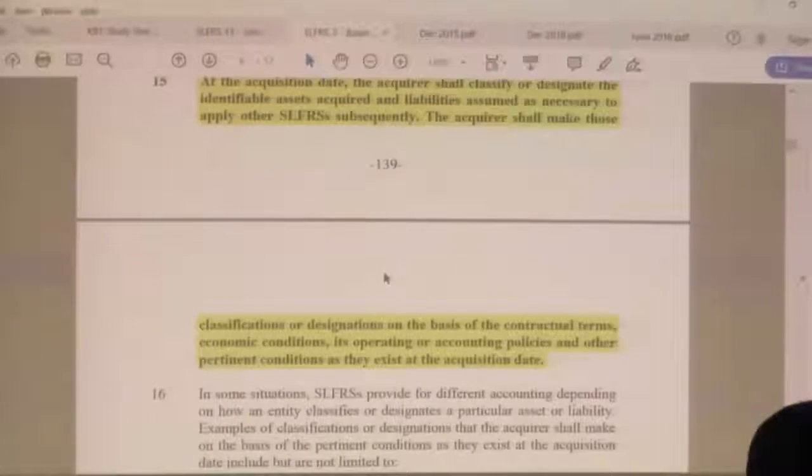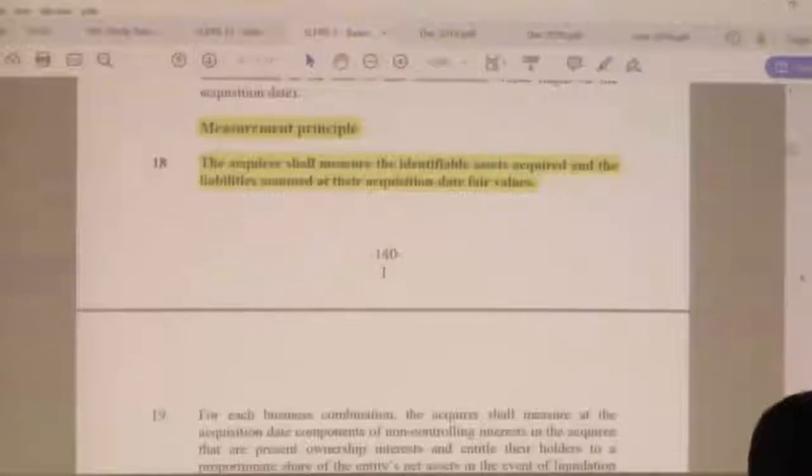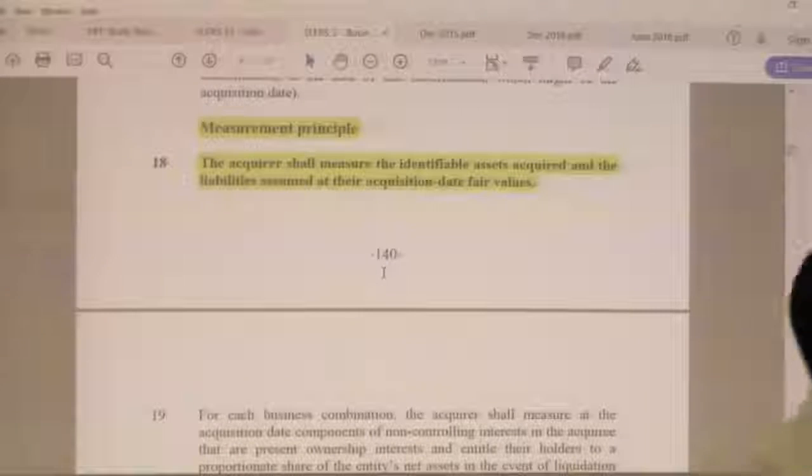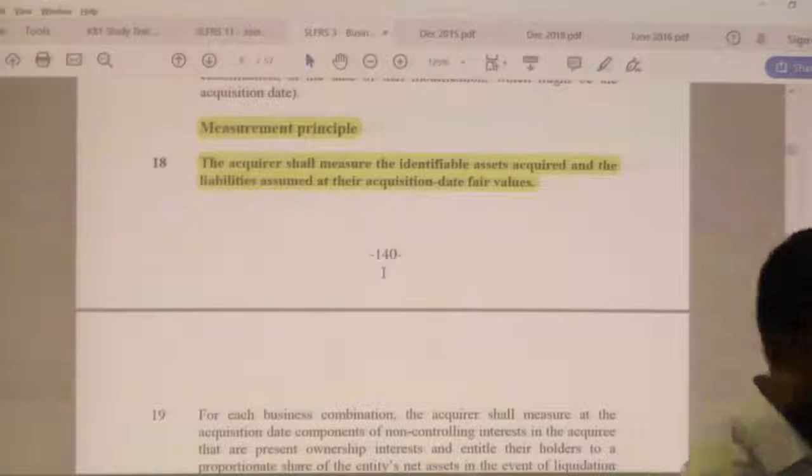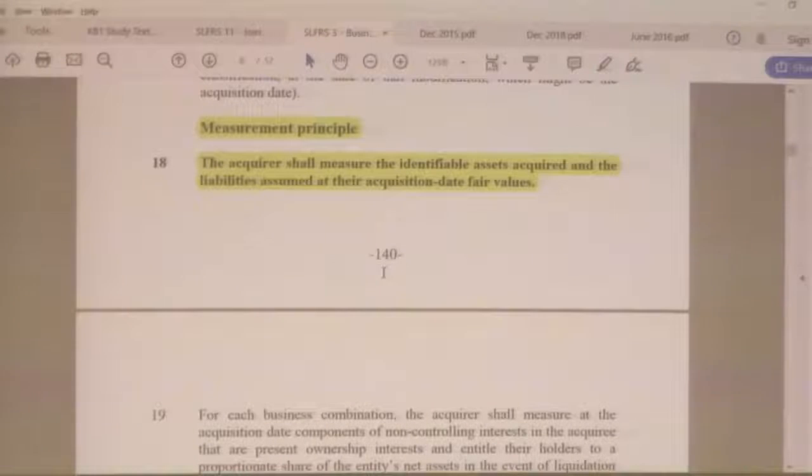So, then measurement principles, recognition principles. Go to paragraph 18. Measurement principle is explained in paragraph 18. I will show this diagram later on, but for the time being, look at the screen.